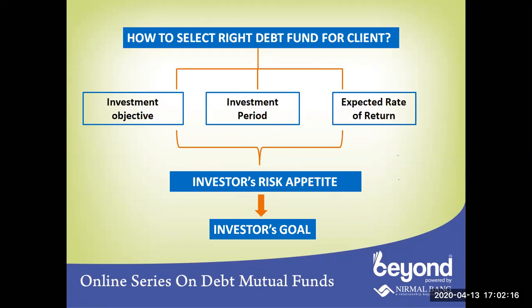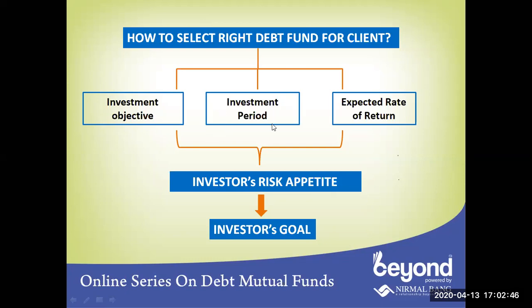Maybe some short term goals he would like to achieve, maybe he would like to park the money which he would otherwise invest in an FD, so he is looking for an alternative, or maybe he is parking just for liquidity purposes. What the main objective of that investment is, you as an advisor should find out.